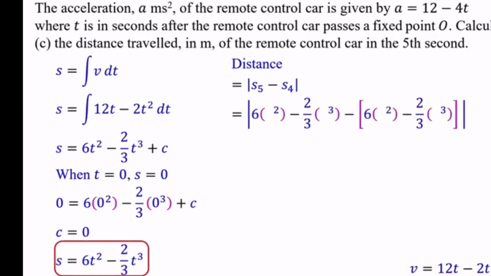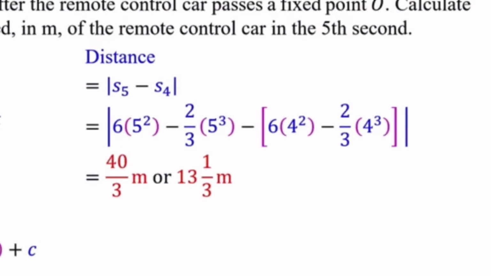Let's use the shortcut, which is s5 minus s4. So we'll substitute 5 into the displacement function, and we will substitute 4 into the displacement function. Be careful, we have to consider the positive value only because this is the distance. So the answer is 40 over 3 meter, or 13 and 1/3 meter.